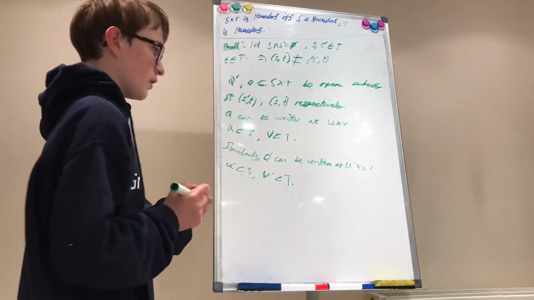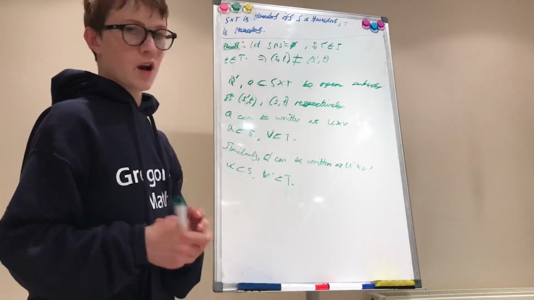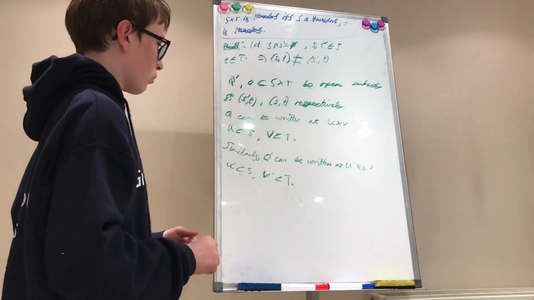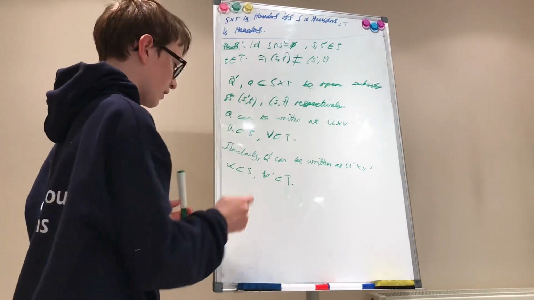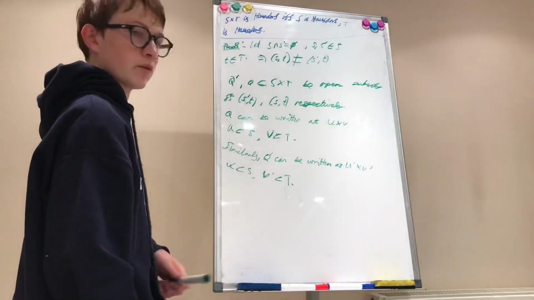Now we want to show that U intersect U prime is empty. Which would show that S is Hausdorff, okay? Because these two are open subsets of S, remember.